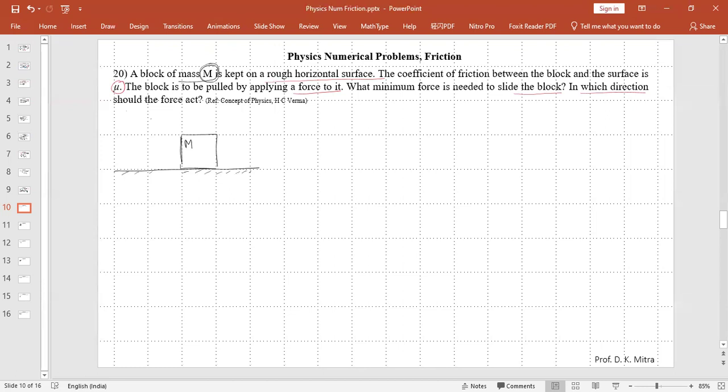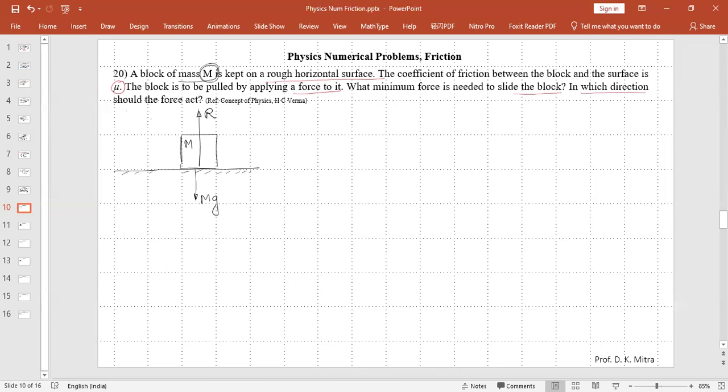Again, let us find out the various forces acting on this. There is a downward gravitational force, capital Mg. Of course, there is an upward reaction, R.